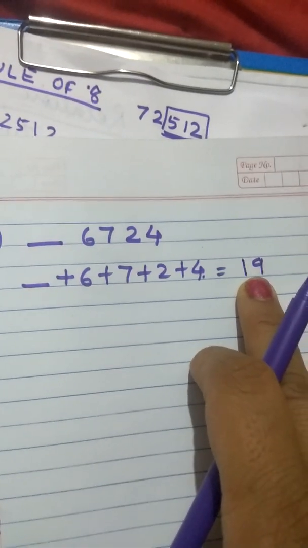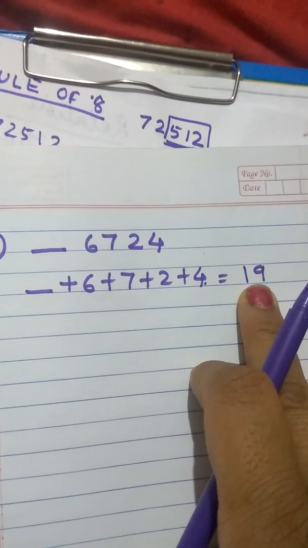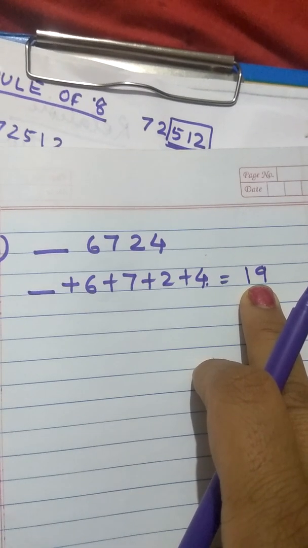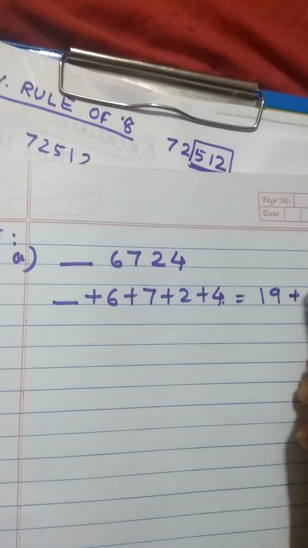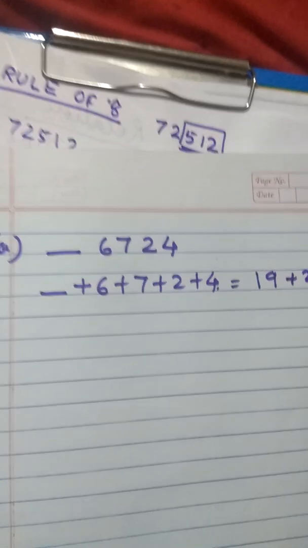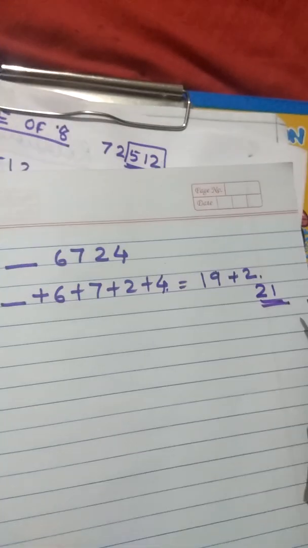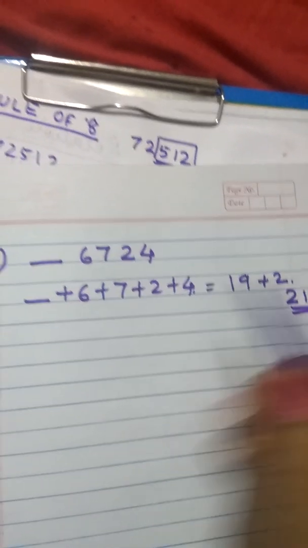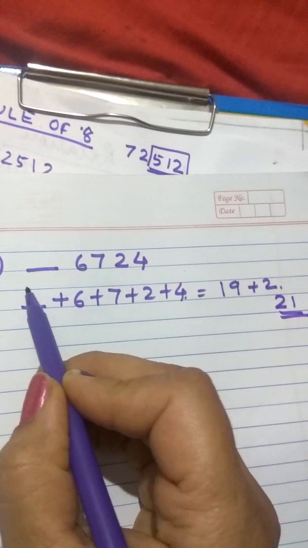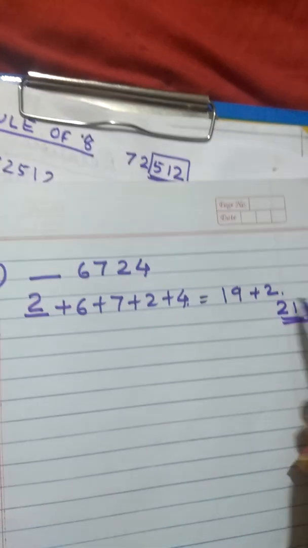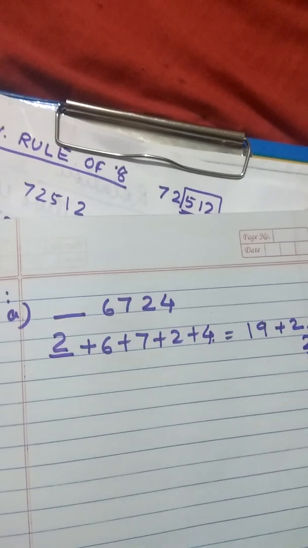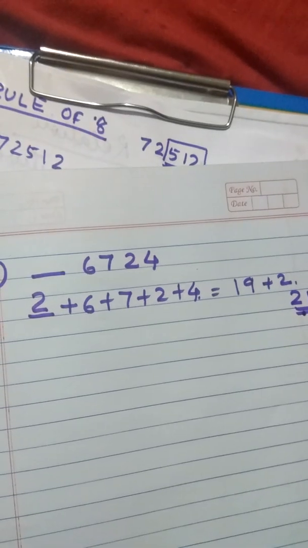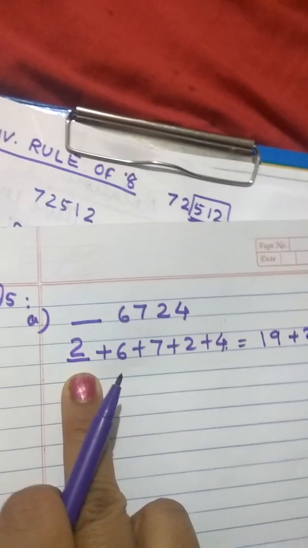Now for a number to be divisible by 3, I need to add 2 more to it, 20 and 21. If this becomes 21 after adding 2, 21 is divisible by 3. So if we have a 2 here at this place, then this sum will become 21. So appropriate digit could be 2. This is the smallest possible digit.